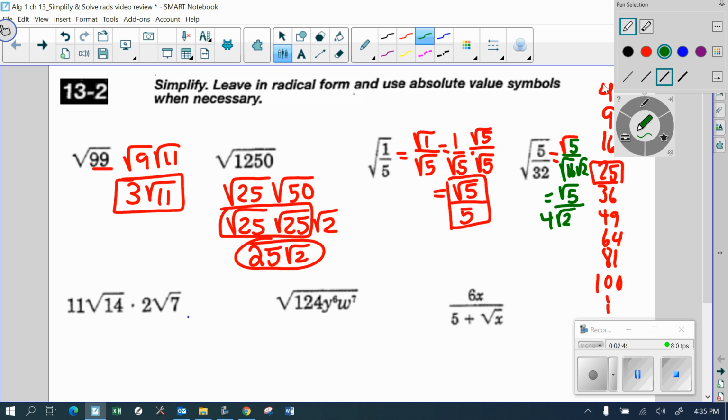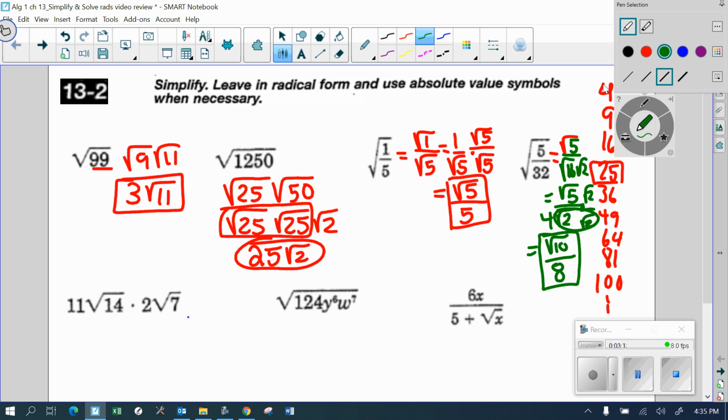So now I'm dealing with a smaller number that I'm rationalizing, root 2 over root 2. Okay, and that's the benefit of reducing a radical first. So now I get root 10 in the numerator, and remember, root 2 times root 2 is 2, times 4 is 8. And there's my answer. Much simpler than going by root 32 over root 32 and then simplifying after that. You're dealing with bigger numbers.